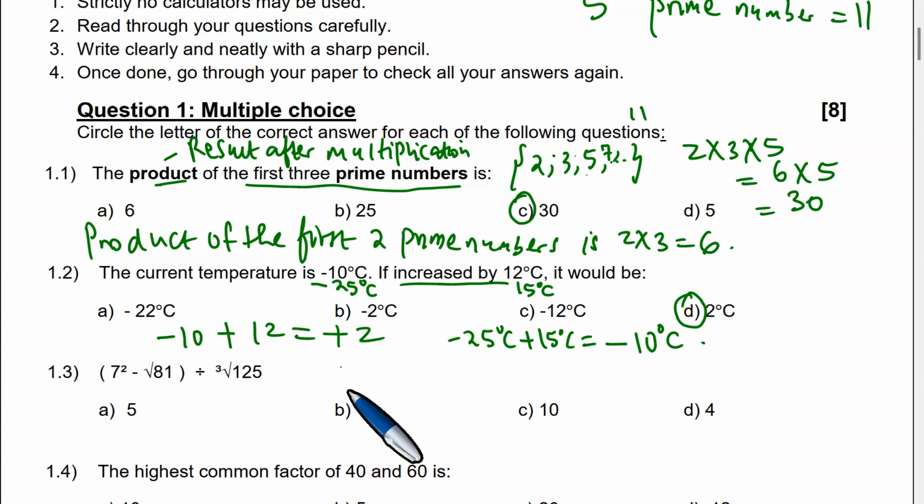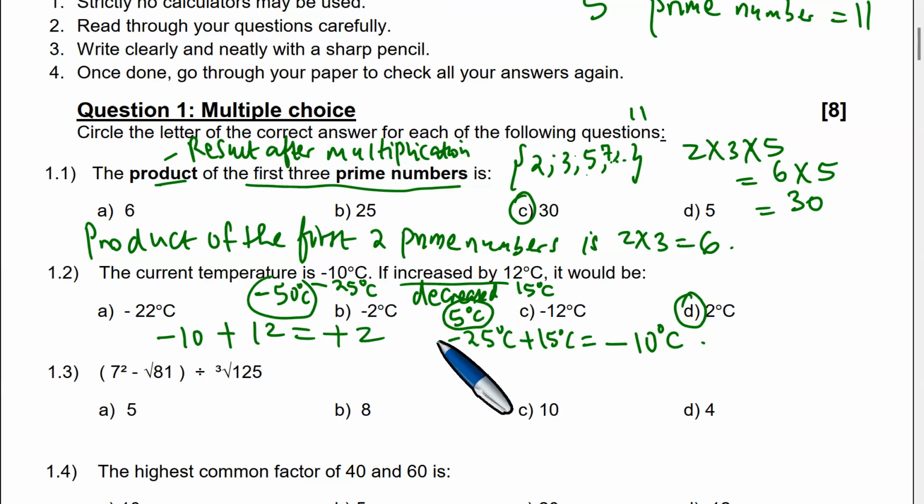Okay, I change again and I say if the current temperature is minus 50 degrees, instead of increased, we put decreased. And it's decreased by 5 degrees.